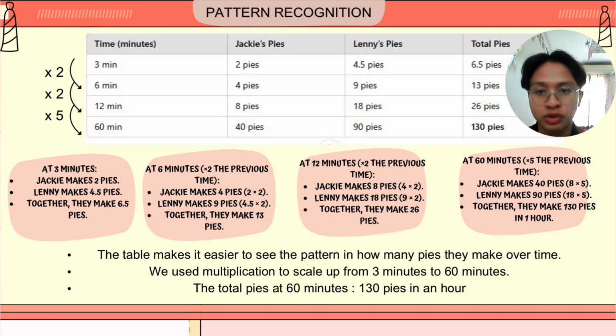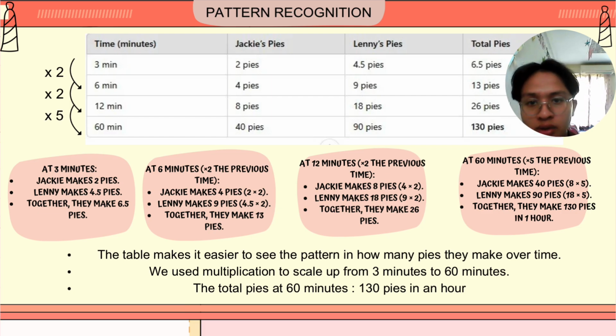So I decided to draw a table to make it easier to see the pattern in how many pies they can make over time. As you can see from the table, from time interval 3 to 6 is the multiplication of 2, 6 to 12 is the multiplication of 2, and 12 to 60 is the multiplication of 5. So at 3 minutes, Jackie makes 2 pies while Lenny makes 4.5 pies. Together, they make 6.5 pies.